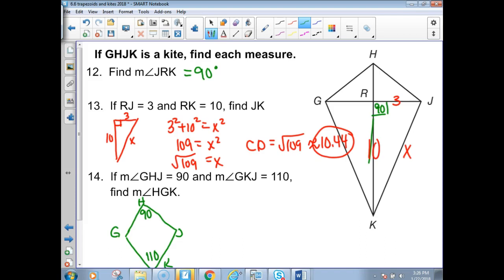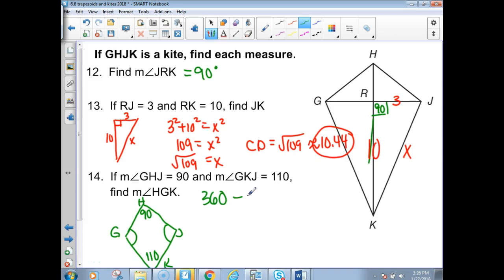I've got a couple of ways I could do this problem, but the easiest way is to remember that angle G and D, or J, and I can't name it that when I look at that diagram because there's more little angles there. But looking across here, those are equal. So the angles all add up to 360 on a four-sided figure.